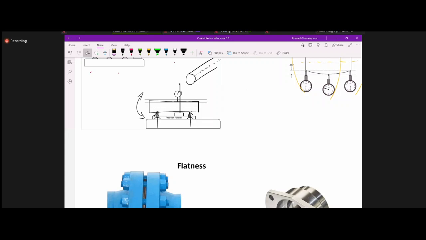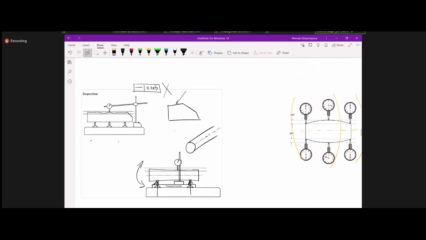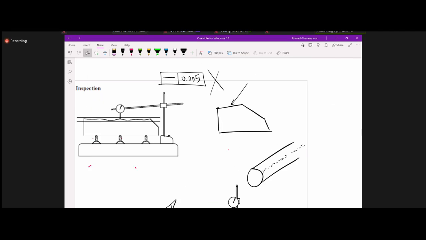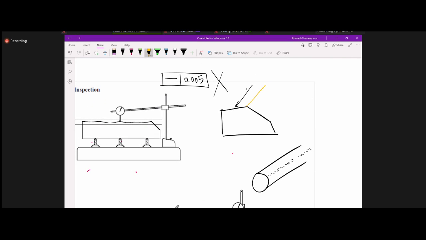Go ahead. In the previous example, what surface are we trying to make level here? You said you have to tilt the part. Yeah. So let's say the tolerance was applied to this top surface, right? And remember, this was where the straightness was applied, correct? Yeah.